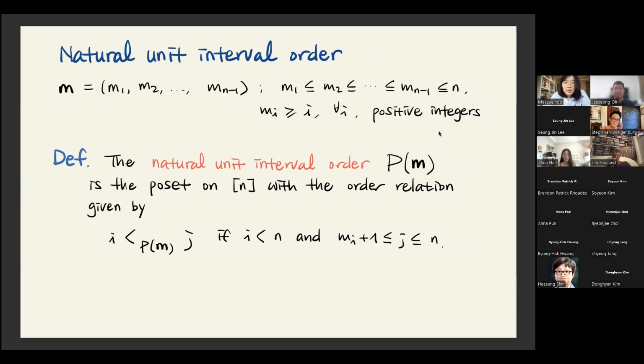So given this sequence m, the natural unit interval order is a poset on the elements from 1 to n. And the order relation is defined by i less than j if i is less than n and j is between m_i plus 1 and n, including the boundary values.